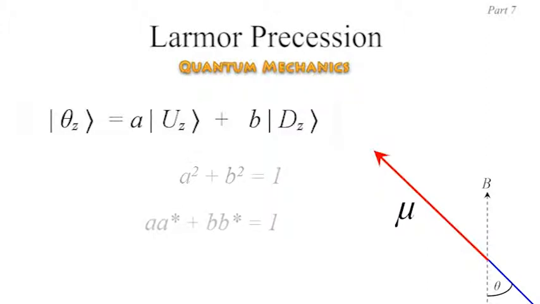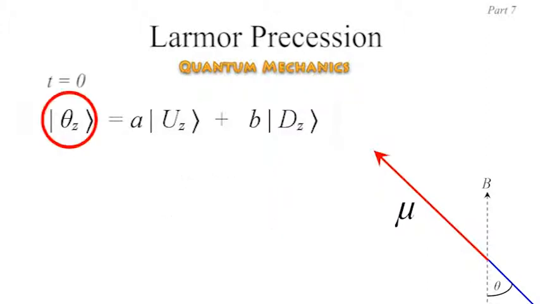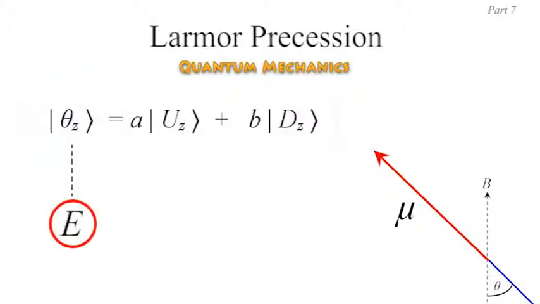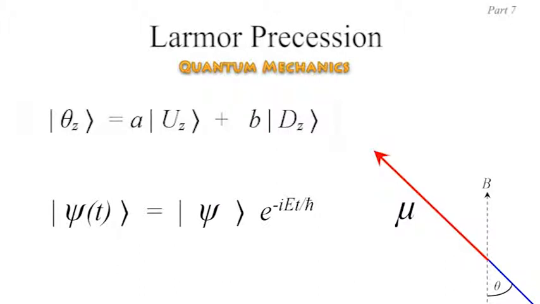Now, in order to change this static state vector into a state vector with time in it, we need to know the energy E of the state. Then, according to that general solution of Schrodinger's time-dependent equation, it would simply be a case of multiplying this static state vector by e to the minus iEt over h bar.